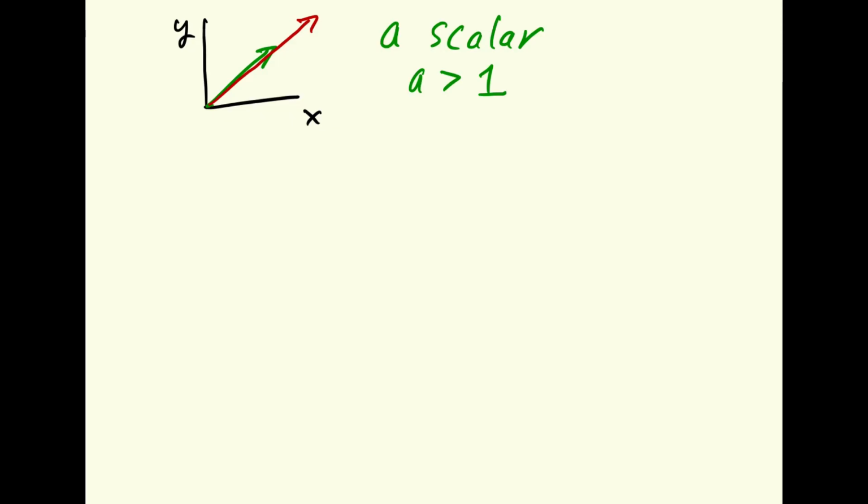And if, on the other hand, a is less than 1, then it acts as a shrinker, and the resultant vector is shorter. We did not deal in this case with negative scalars.